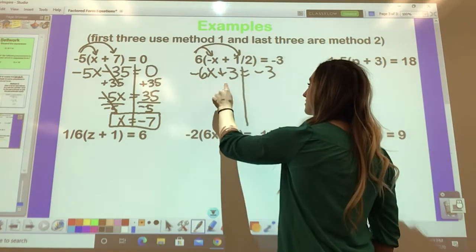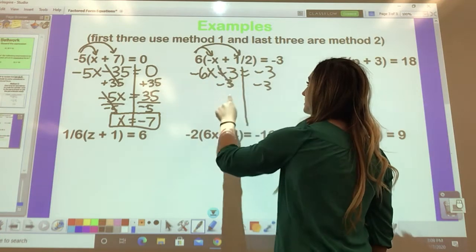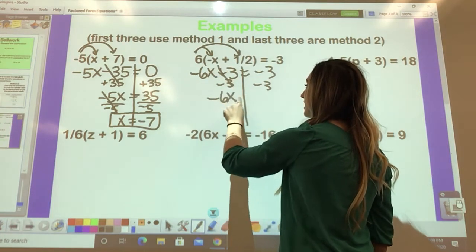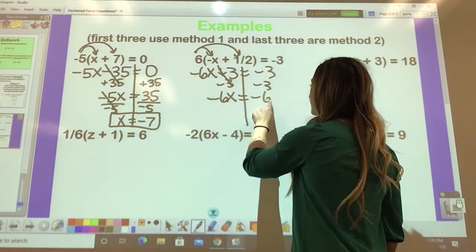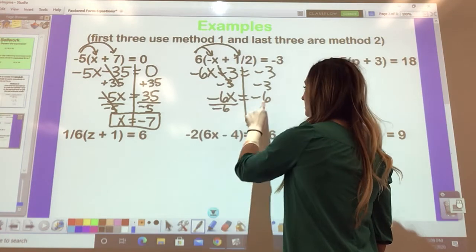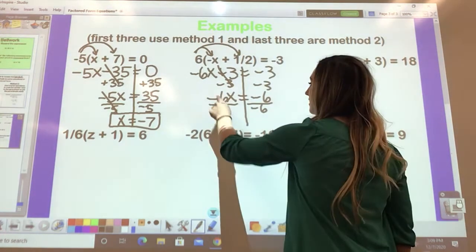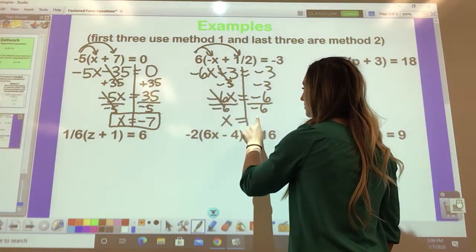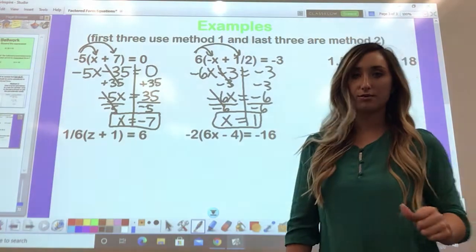Get rid of that plus 3 by subtracting 3 on both sides. That leaves me with negative 6x equal to negative 3 plus negative 3, which is negative 6. And then divide both sides by negative 6 to get rid of that times negative 6, to get x equals 1. Negative 6 divided by negative 6 is positive 1.